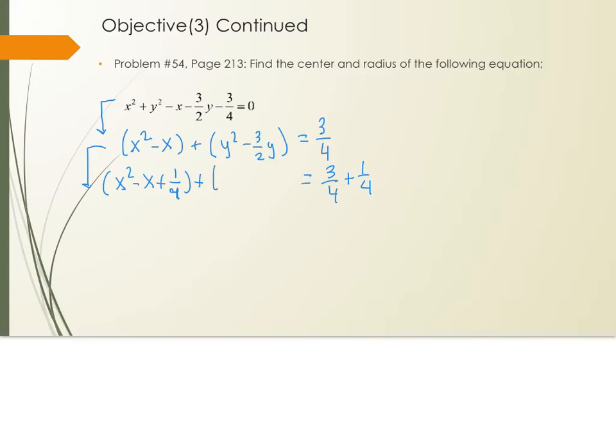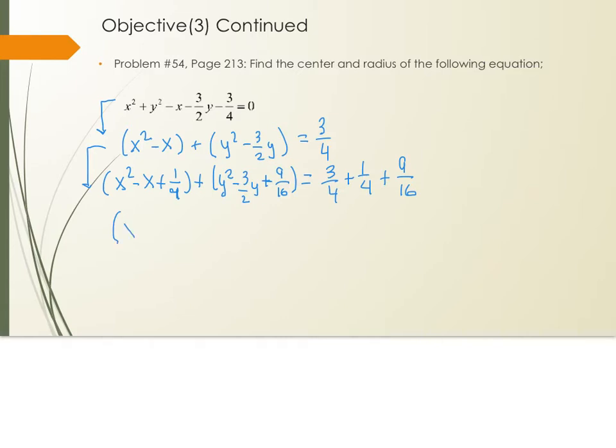Now I'm going to do the same thing with the y variable. I have y² − 3/2 y. I take 3/2 and I half it, which now becomes 3/4, and I square it, which is now 9/16. So I have to add 9/16 over here.